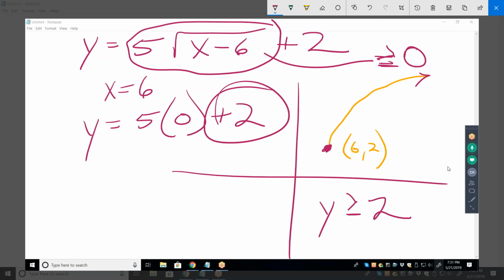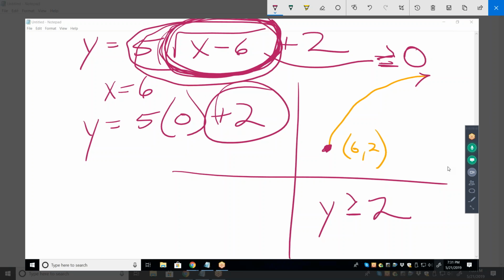So if I were going to figure out the range without having graphed it, I would just have to figure out that the lowest this can ever be is 0. It can't be negative. And when it's 0, y is equal to 2. If x is any value greater than 6, then this is a positive number added to 2.